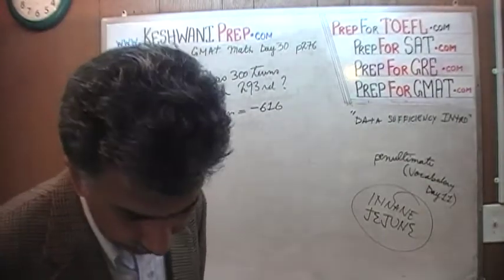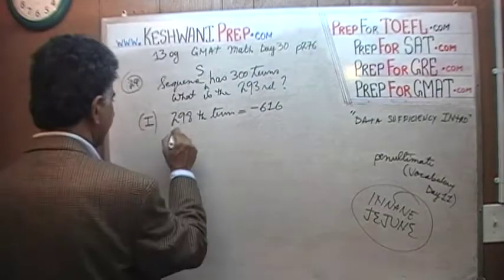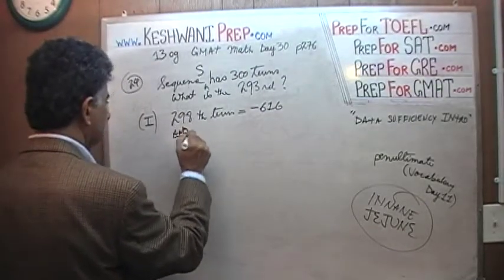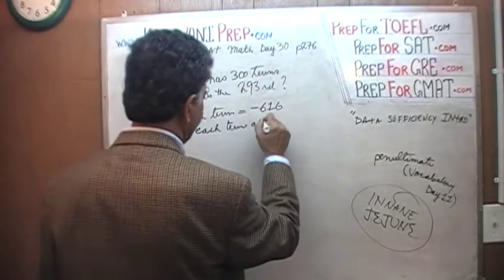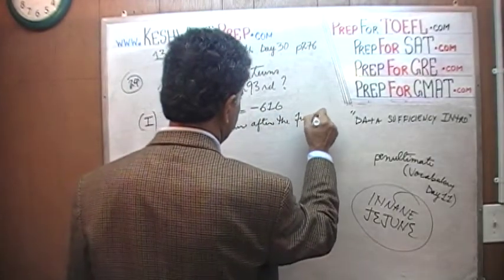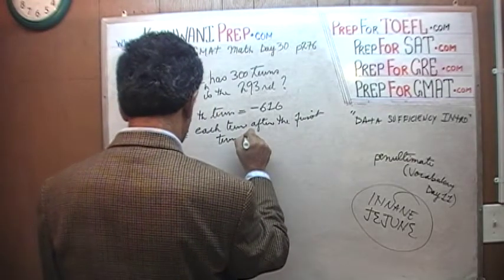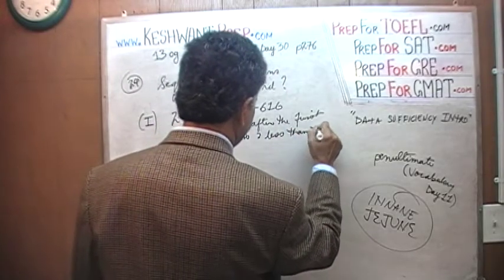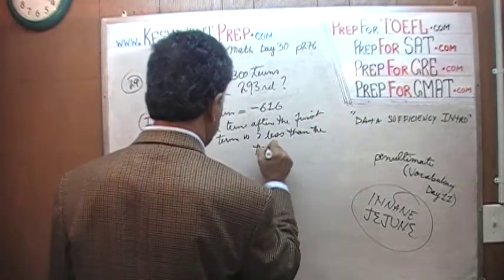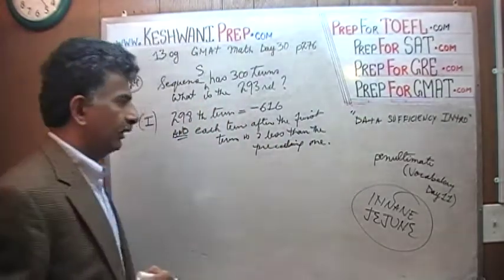In addition to that, they tell us that each term after the first term is 2 less than the preceding one.